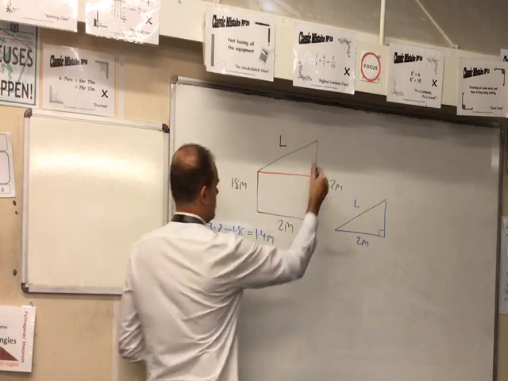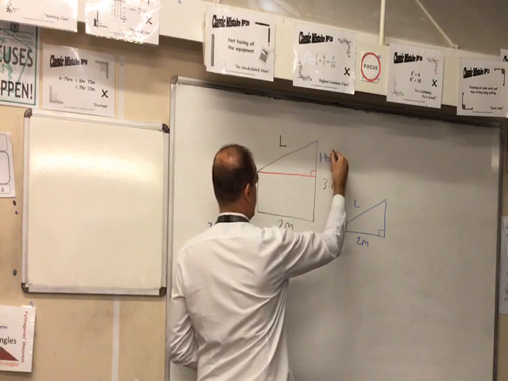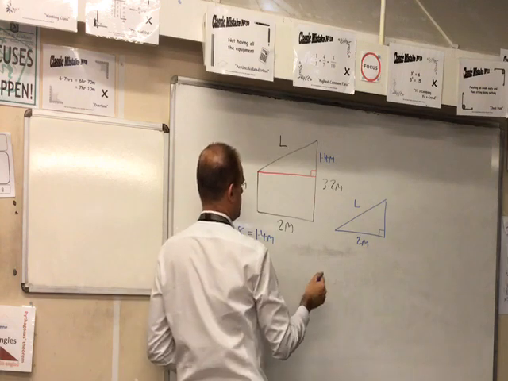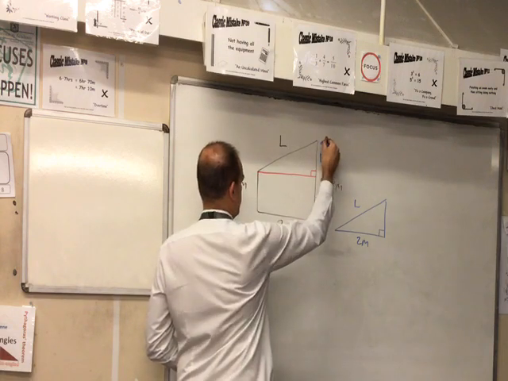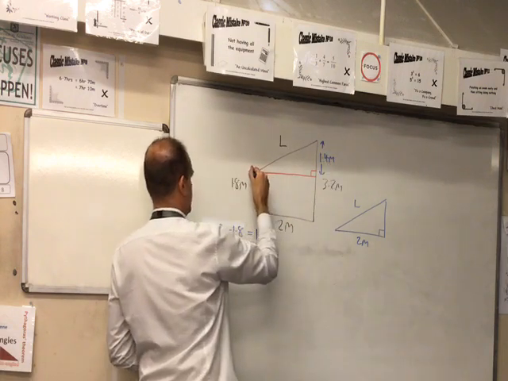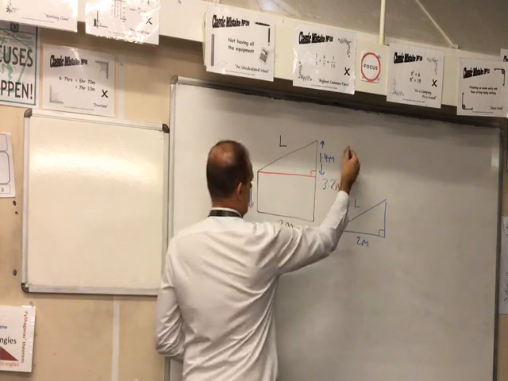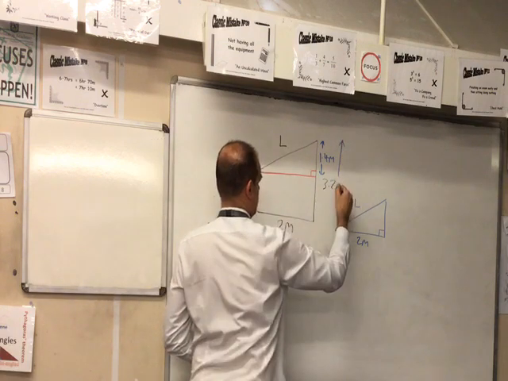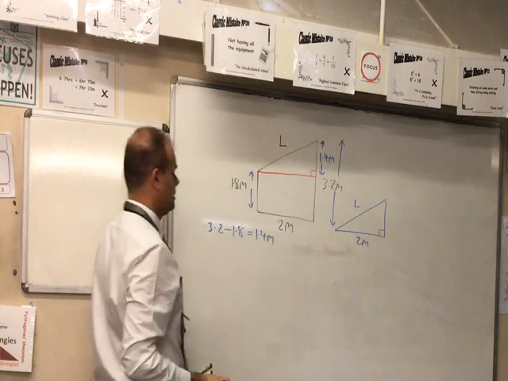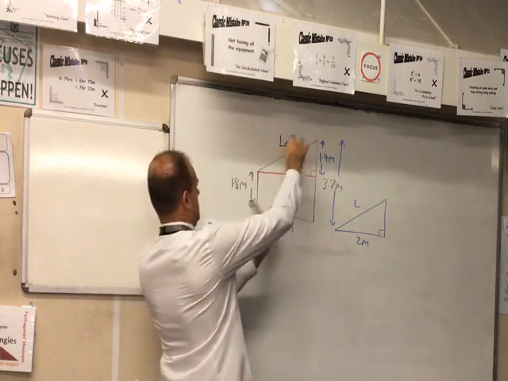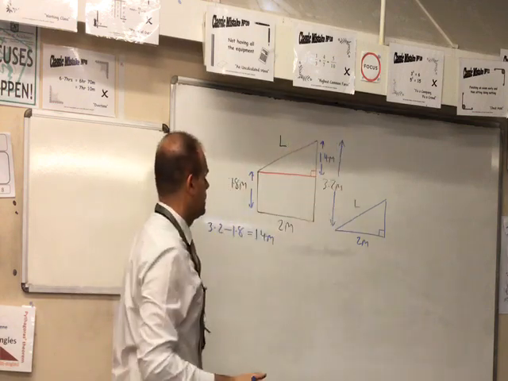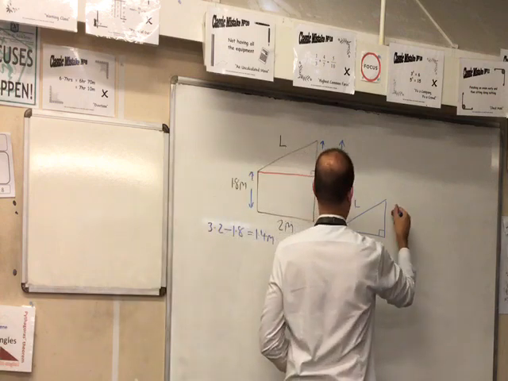Check that. If I go back to my diagram and put that on there, that's 1.4 metres there, from there to there. That's 1.8 metres from there to there. The 3.2 is the height of the whole shed from that side right across, and that plus that makes 3.2. So I can now put that on as 1.4.